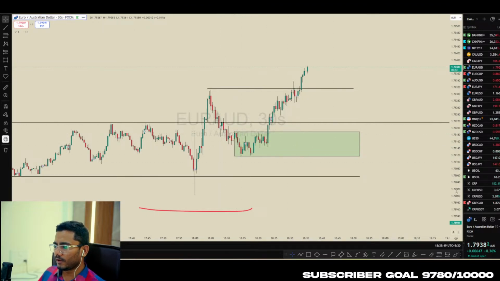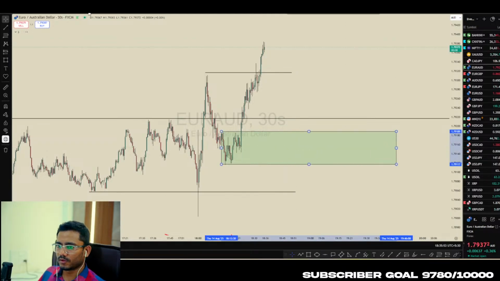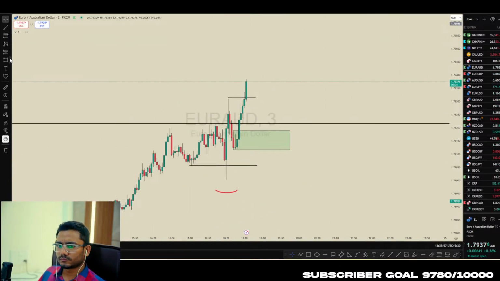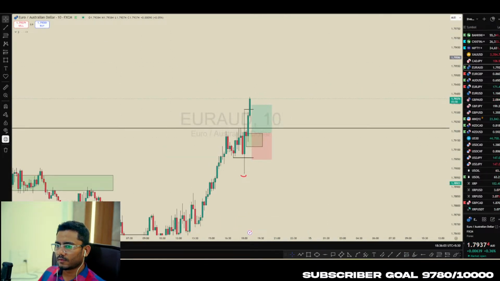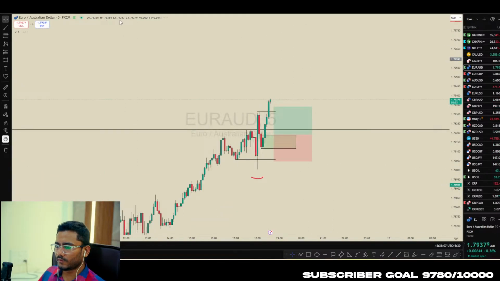We have nice imbalance. Price never tapped this area. So we can look for a buy side setup over here. Entry, stop loss below this low. We got 30 minutes, 15 minutes, 10 minutes, 5 minutes.